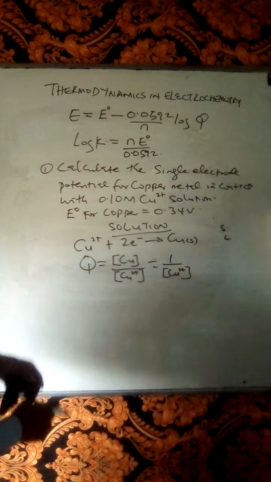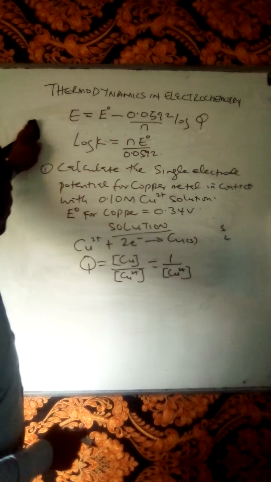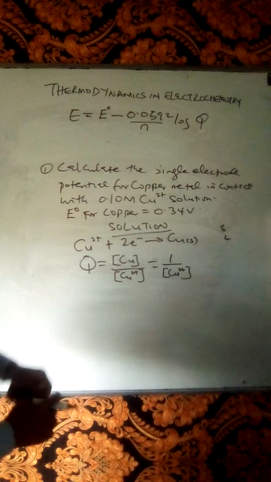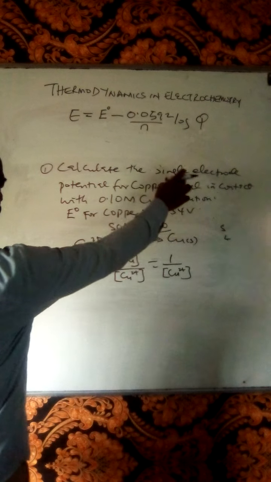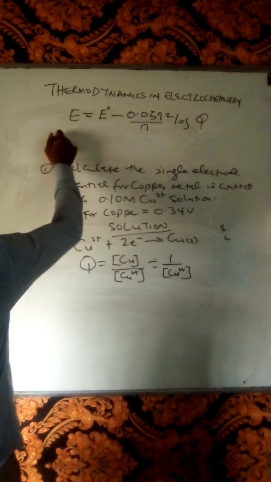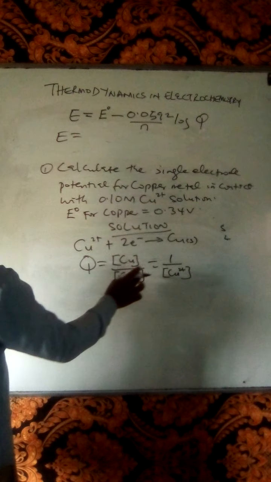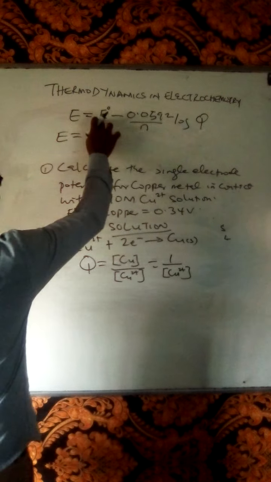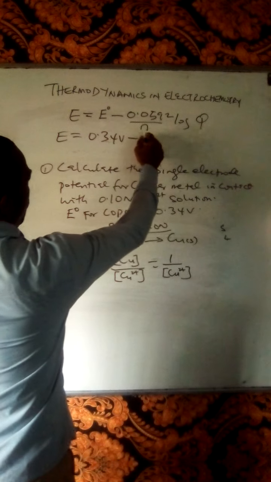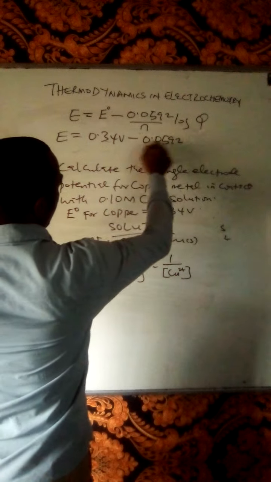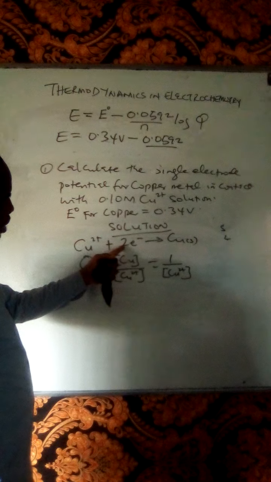Then using the next equation to solve this, we now have E, for cell potential, that will give us the standard cell potential, which is 0.34 volts, minus 0.0592 over the number of electrons transferred. Copper was used again, so there are 2 moles of electrons.